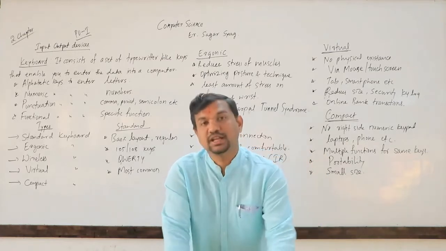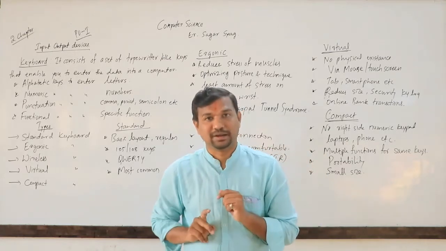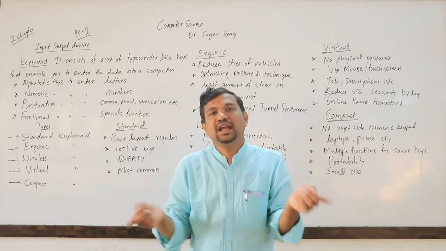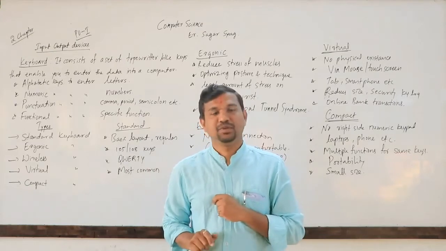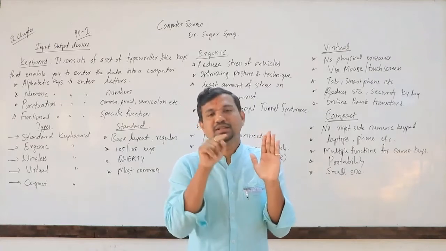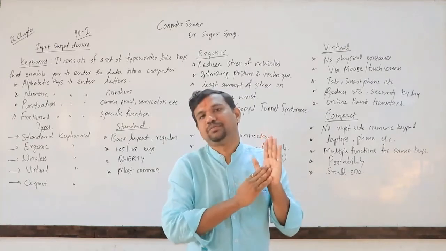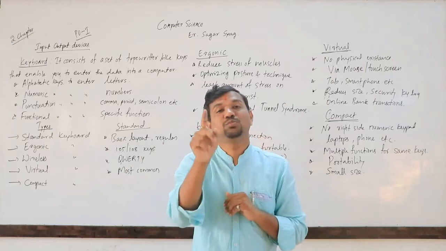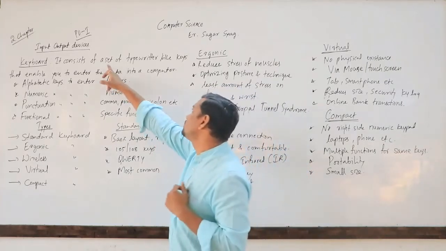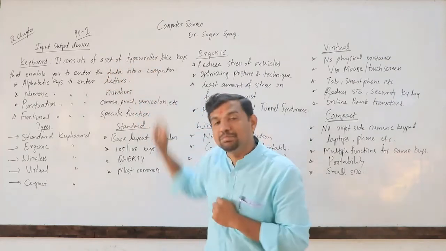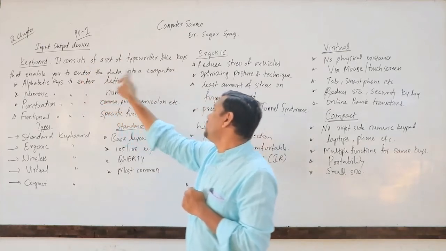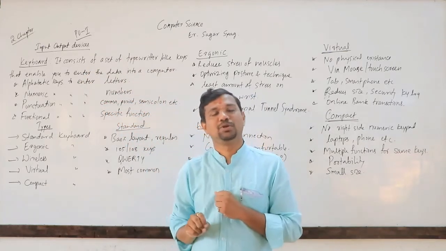This keyboard is the elaborated concept of that typewriter. That is made mechanically and this is made digitally. There, the key is printed on the paper, but here it is printed digitally on the monitor. That is the difference. Keyboard consists of a set of typewriter like keys that enable you to enter data into the computer.